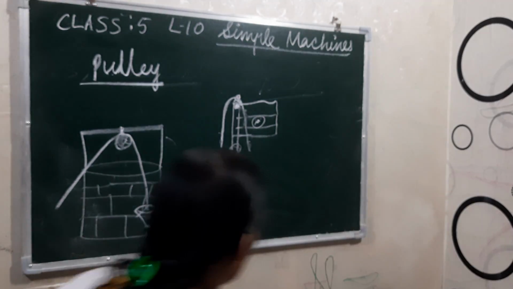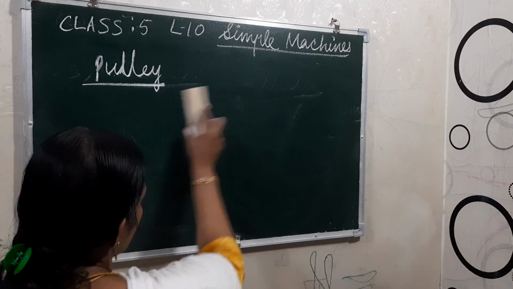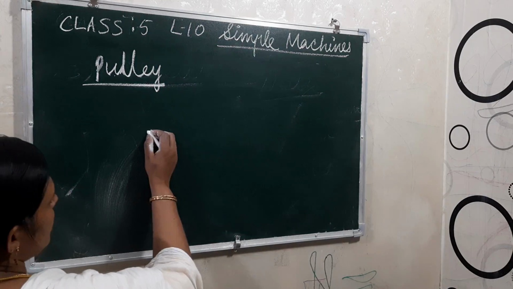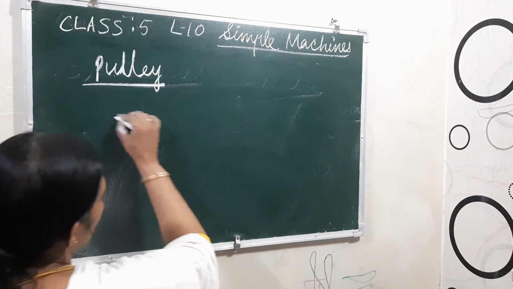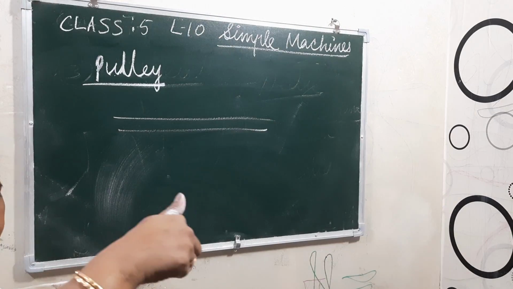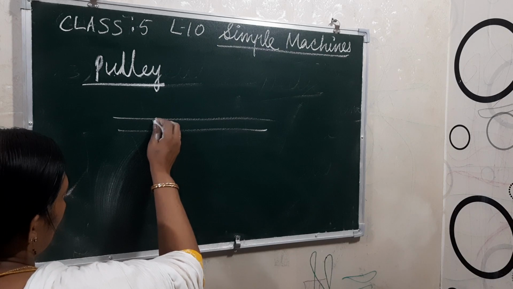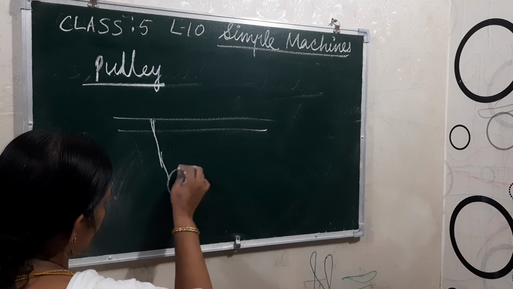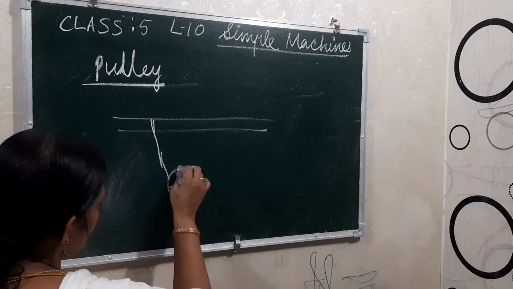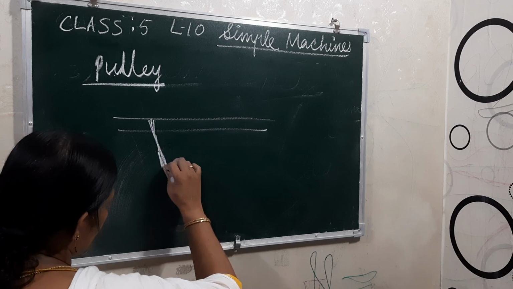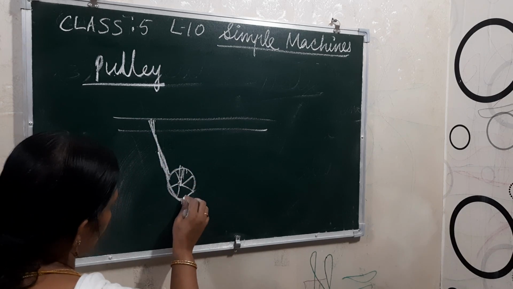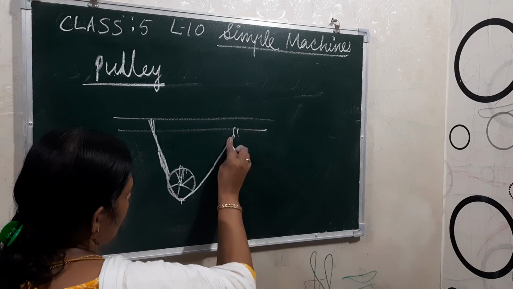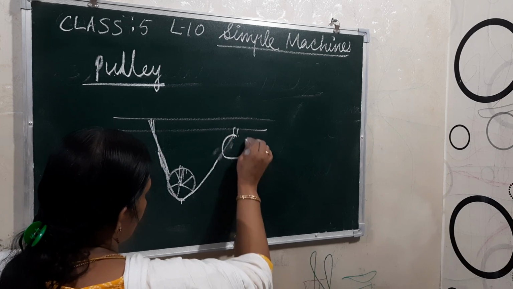And there is also a complex pulley, that is the movable pulley. In the simple pulley, children, you can see only one pulley, but the movable pulley is used for lifting heavy weights. See here, the rope will be there, and here you can see the pulley fixed with this rope. Then it goes to another pulley, one more pulley attached here.